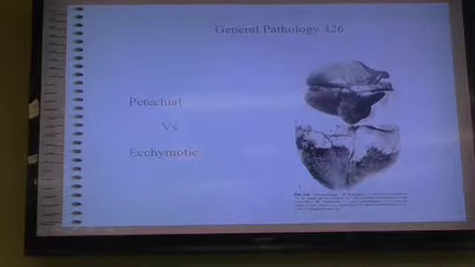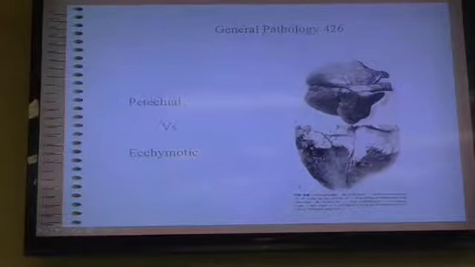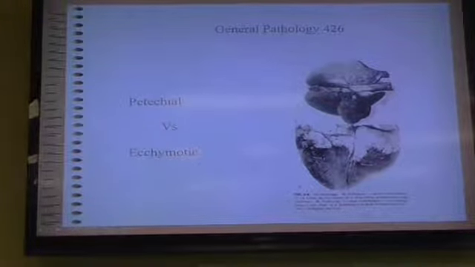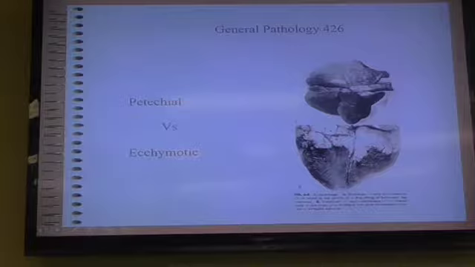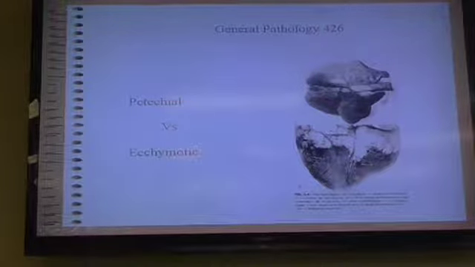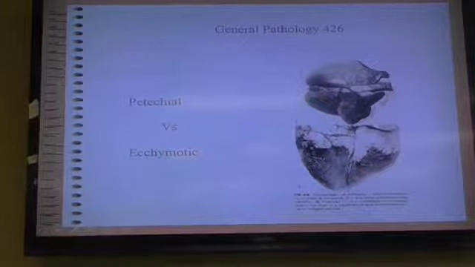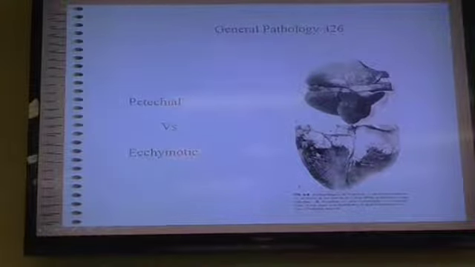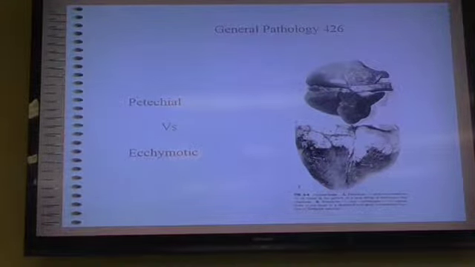Petechiae are like what the lines are pointing to here, the really small dots. Ecchymoses are the larger ones like this, more of a splotchy kind of thing. So that's the difference.